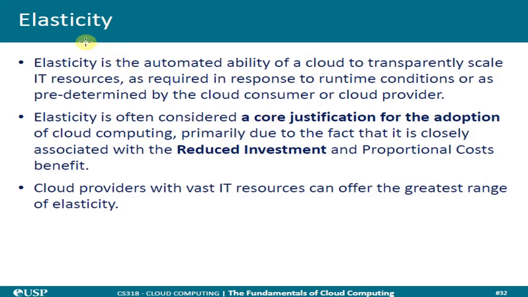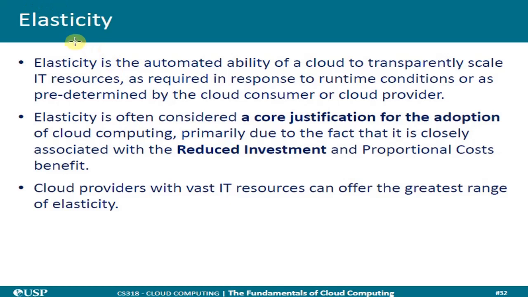Anyway, the characteristic of elasticity. So elasticity is the automated ability of a cloud to transparently scale IT resources as required in response to runtime conditions or as predetermined by the cloud consumer or cloud provider. We will go deeper into each of these things, but just for now, I hope you can understand an overview.